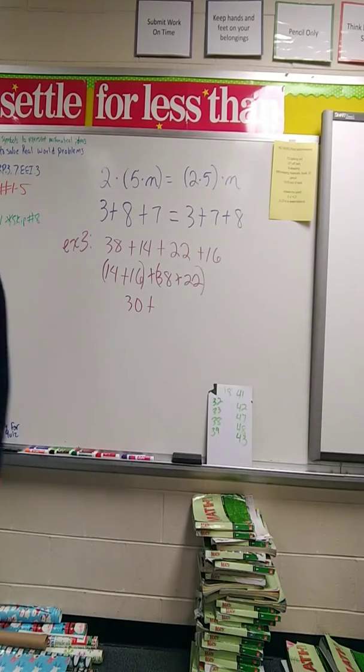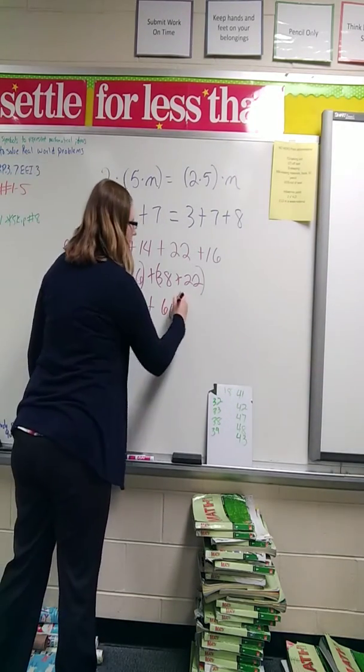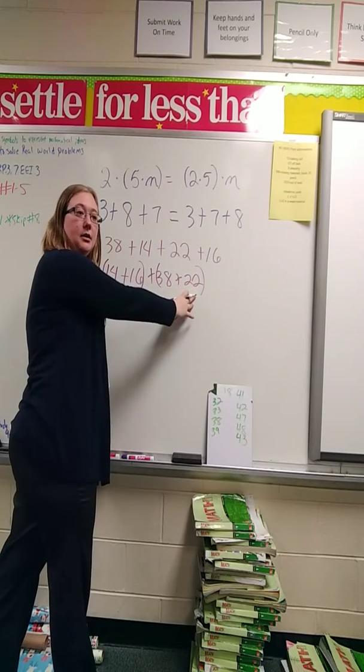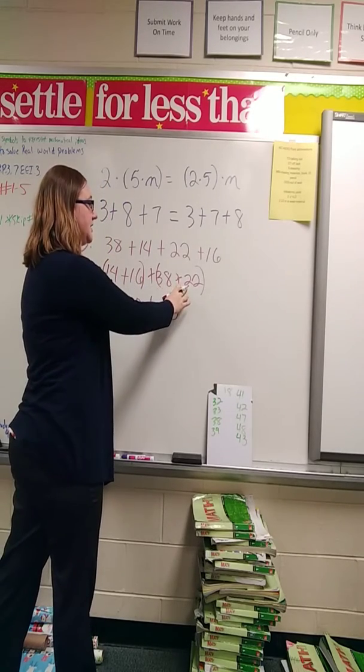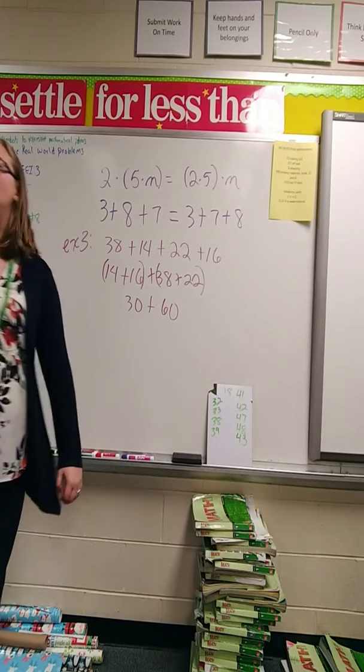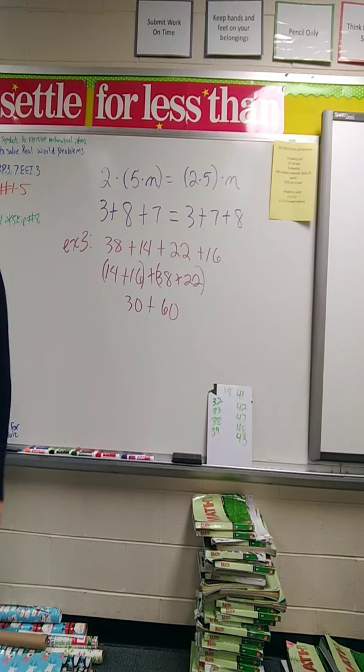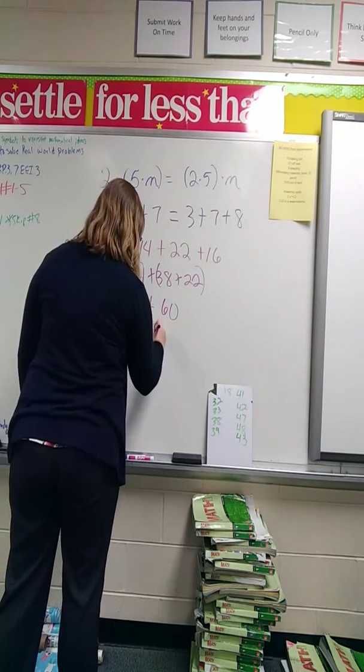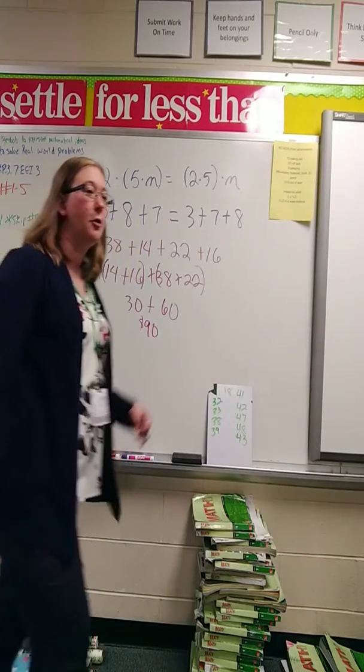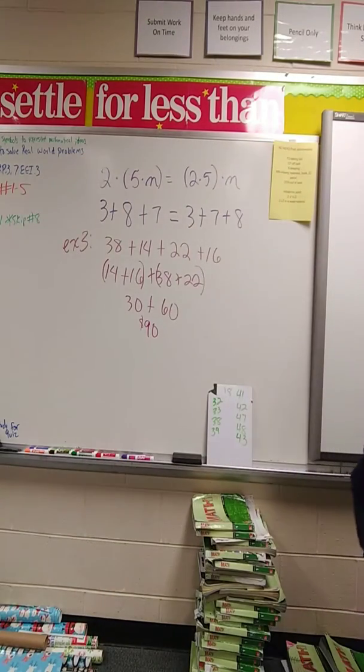What's 38 and 22? 60, because the 8 plus the 2 is 10, 3 plus 2 is 5 plus 1 is 6. What's 30 plus 60? 90. So that means that before tax, we can expect to be paying $90.